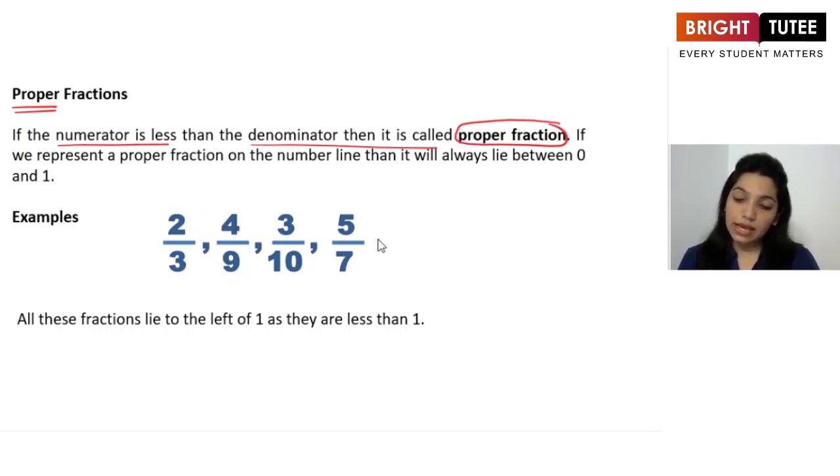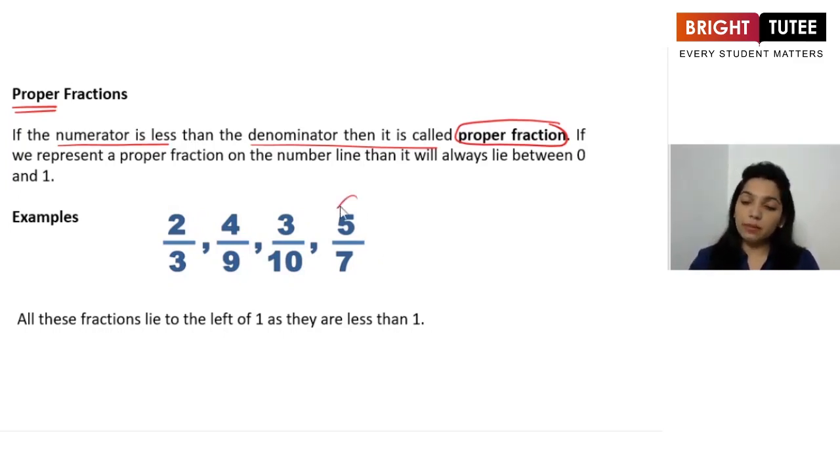It says if we represent a proper fraction on a number line, then it will always be between 0 and 1. I hope you remember what we discussed about this. Because 1 is basically what? A number divided by itself. So for any number which is smaller than the denominator, the fraction will always be less than 1.